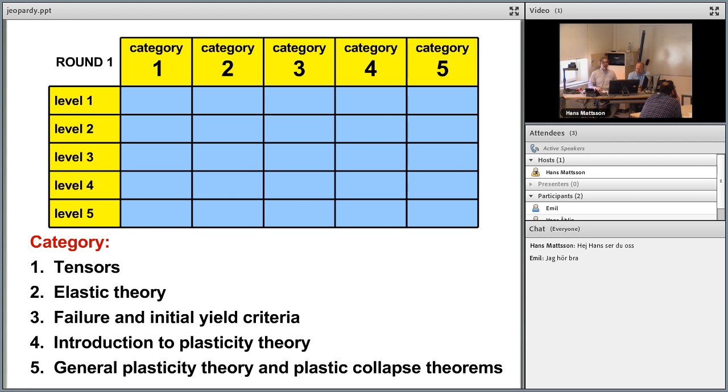And as we said, we play Jeopardy for the glory of winning here today and the nice prizes. So I will let group number 1 choose a category and a level in round 1 to begin with.